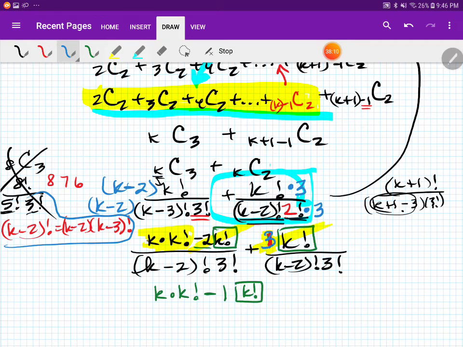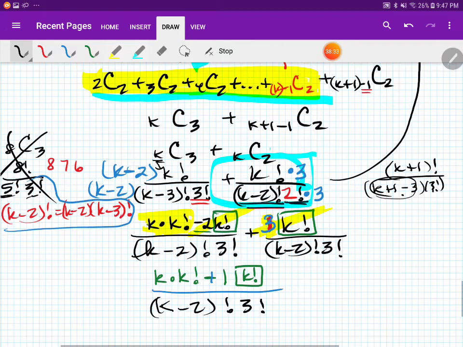I didn't want it to be a 3. I wanted it to be a 2. Oh, okay. No, I was making another mistake. K times k factorial is not k plus 1 factorial. Okay, we're moving along. This is true. It is a 3. So that is a k minus 2 factorial times 3 factorial.